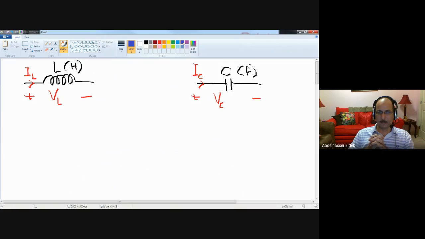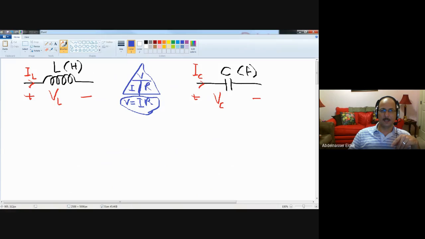As we know from chapter 2, we apply Ohm's law to find the voltage for the resistor: V equals I times R. This is for the resistor, I times R. There is some kind of similarity between resistance and inductance, so this one is similar to this.